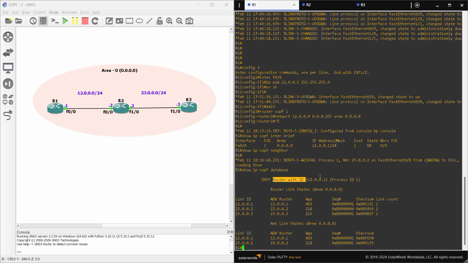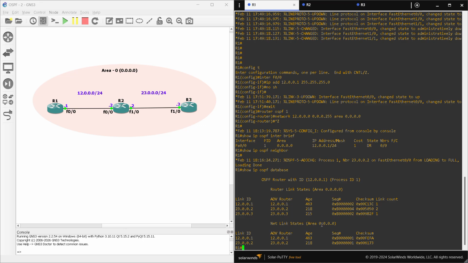This is the router ID 12.0.0.1, operating in area 0, so this is our own LSA, and these are the received ones. As it is in a synchronized state, we have the LSAs of R2 as well as R3.